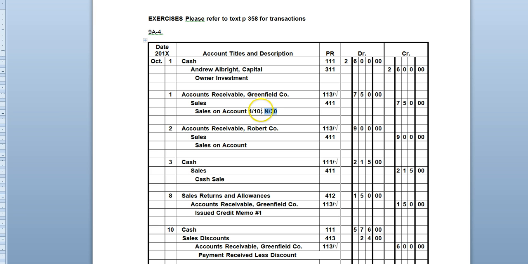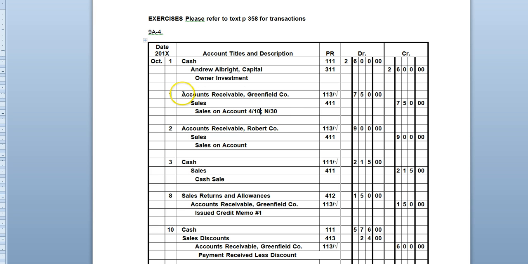If they blow it by day 10, it's going to cost them an extra $30 they shouldn't have to pay. So it behooves the buyer to take advantage of discounts, because percentage-wise, they're losing quite a bit of money by not taking advantage of the discount.